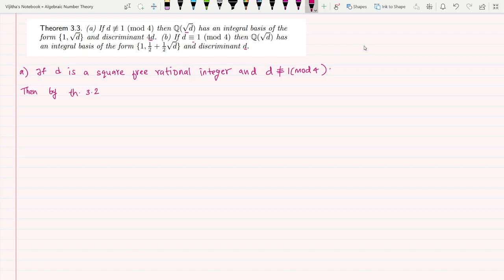we have proved that the ring of integers of Q of root D is Z of root D. Okay.